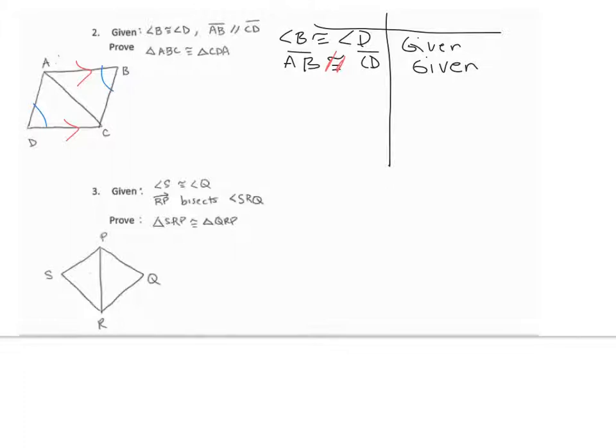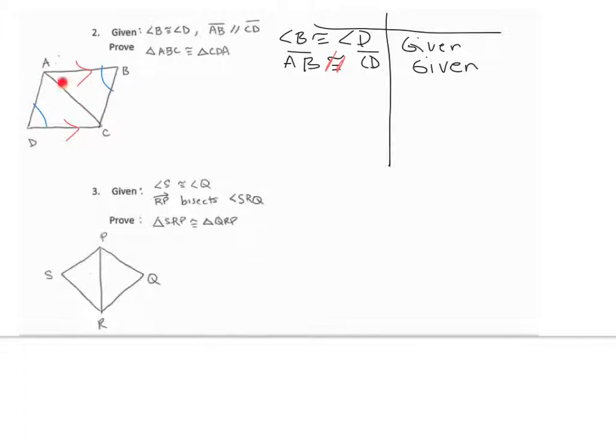Okay, is there anything from that I can conclude? Well, I can't really do anything else with angle B is congruent to angle D, but I can do something with parallel lines. So if these two lines are parallel, I actually have three transversals, this, this, and this. So I'm going to work with AC as my transversal.